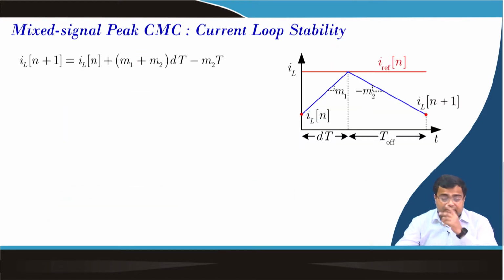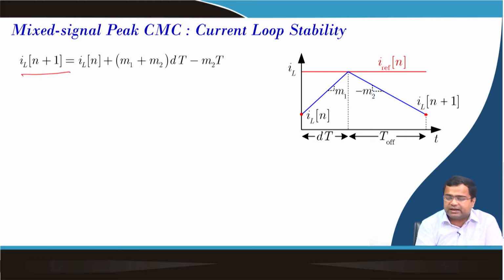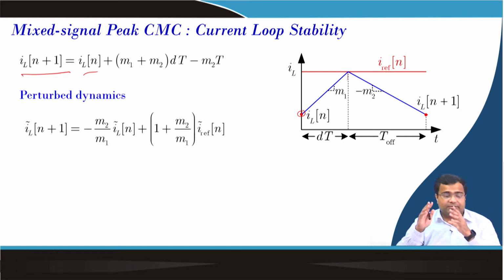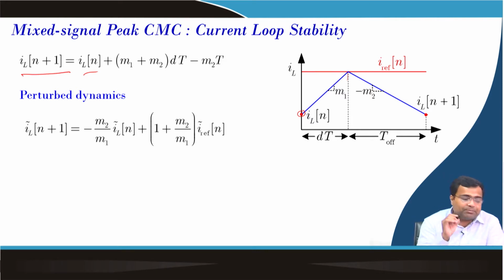If you recall, we discussed in week 5 the current loop stability using the discrete time model. So, I just want to summarize. If you write the full equation of I_L[n+1], which is this current, in terms of I_L[n] and duty ratio, then you get only the part of dynamics.